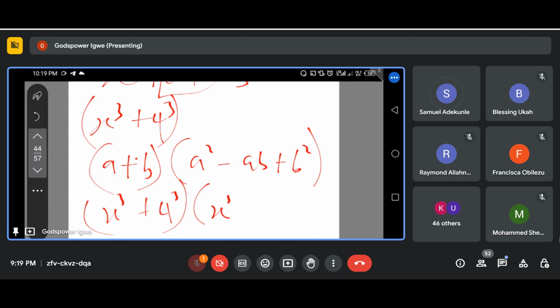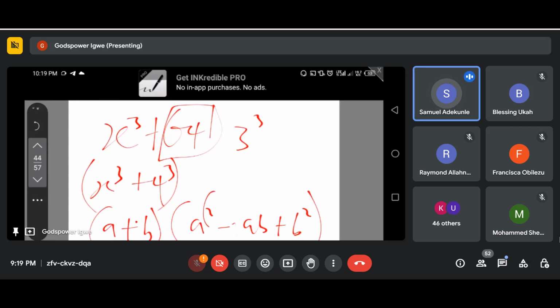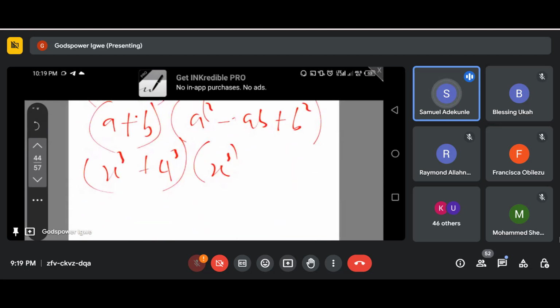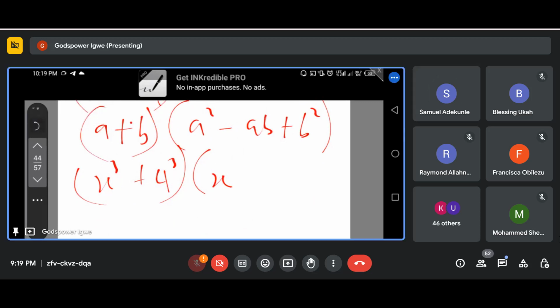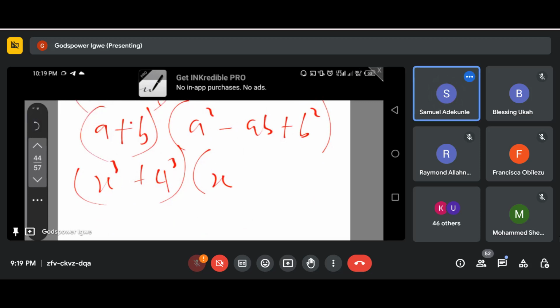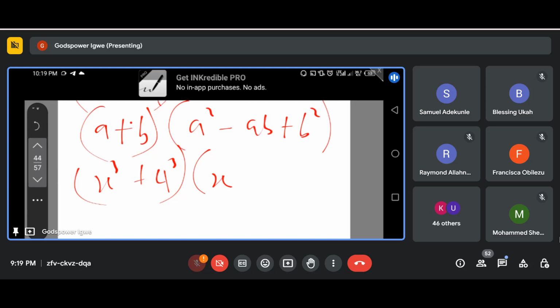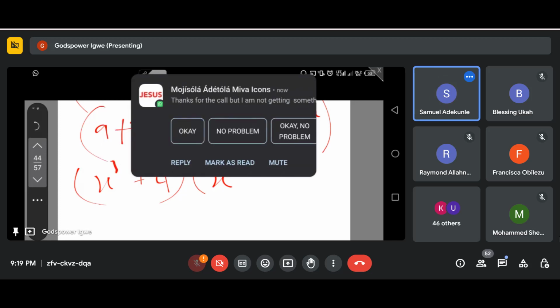Then A is just x, not x cubed. You leave the power out. We leave the power out. The coefficient should just be x plus 4.